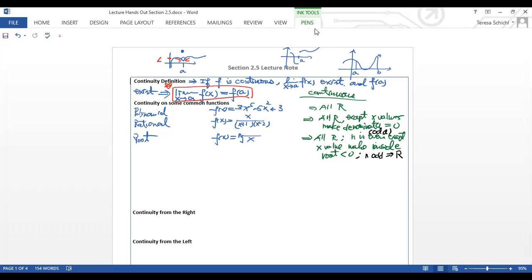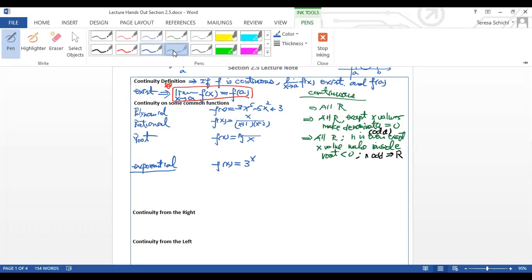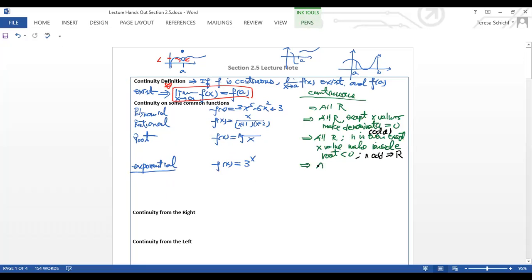So basically, for a function you need to know where the domain is. For example, take the exponential function, f of x equal to 3 to the x. Where is it continuous? It's all the real numbers, because there's nothing restricting it; the domain of exponential functions is all real numbers.